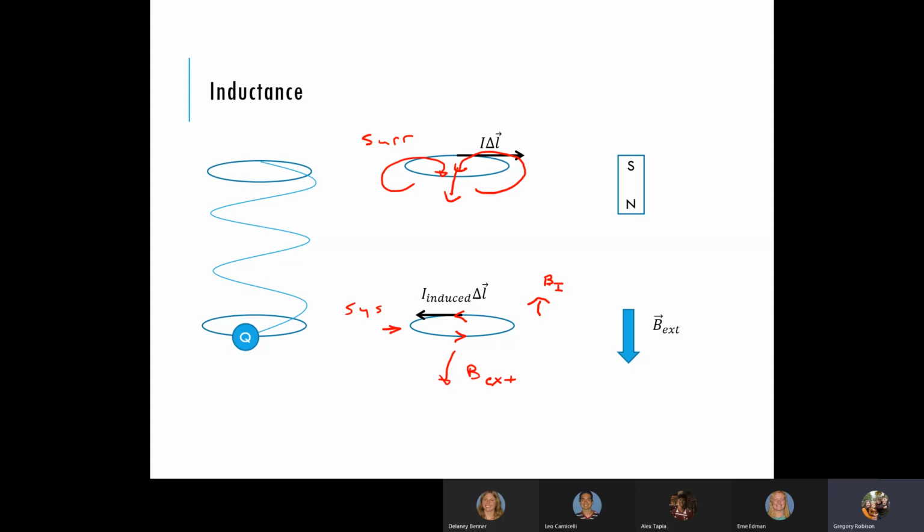As I start pushing current through that solenoid, the increased flux through the latter loops of the solenoid will try to oppose that increase in current. Right? These bottom loops see a sudden change in the magnetic field due to the top loop. Because of that sudden change, it will try to oppose that change.